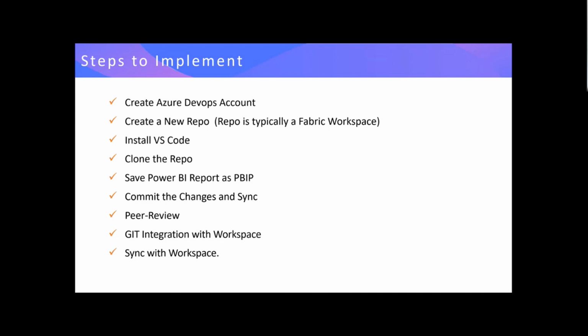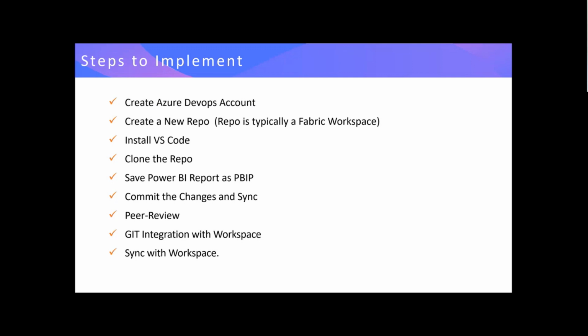Don't worry, I'm going to give a demo of these steps, but I'm just going over at a high level what is involved. First you create a repo as the source control. That is typically named after the Fabric workspace, because you're going to connect this repo at the end on the Fabric side, in the workspace, so you integrate with that. Try to have the same naming convention in both places so there won't be any confusion.